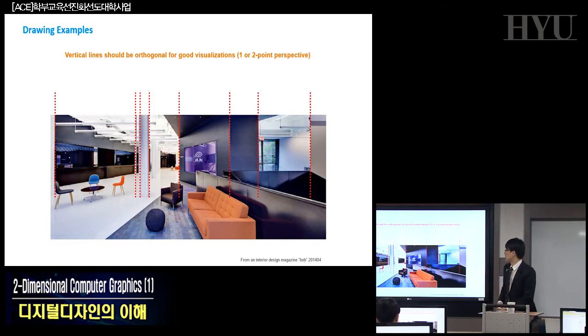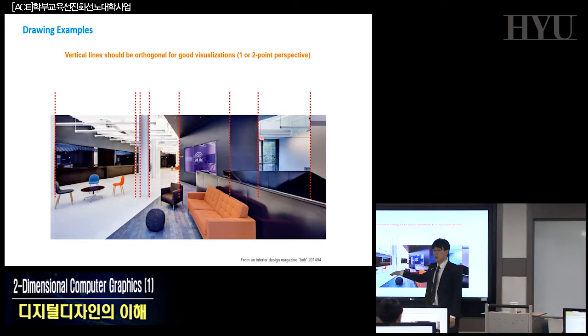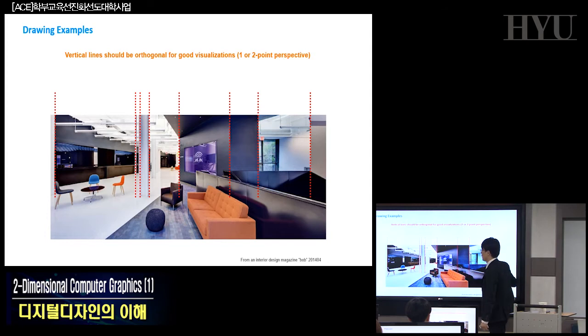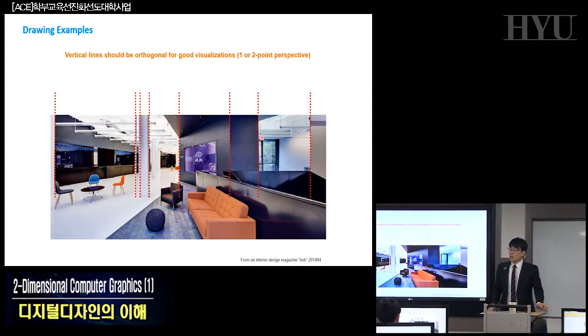All vertical lines are exactly 90 degree angled from the horizontal line. So this kind of rendering, this kind of sketch, recommended, okay? We're gonna deal with this one again later when we are dealing with some camera options in computer graphics, 3D computer graphics and rendering tools. So 1 or 2-point perspective, strongly recommended for your design presentation.